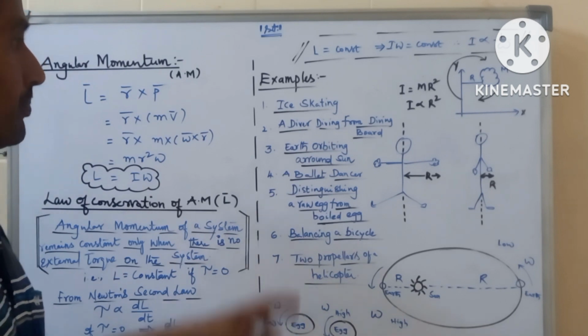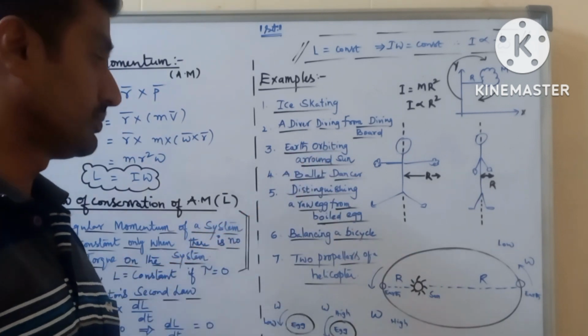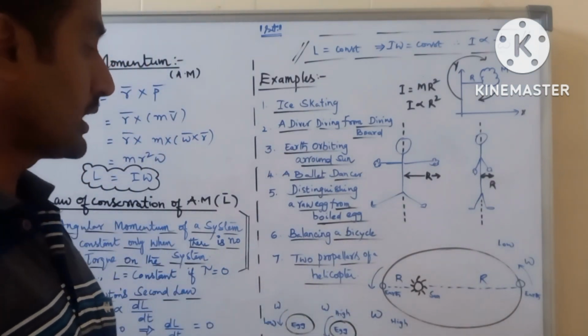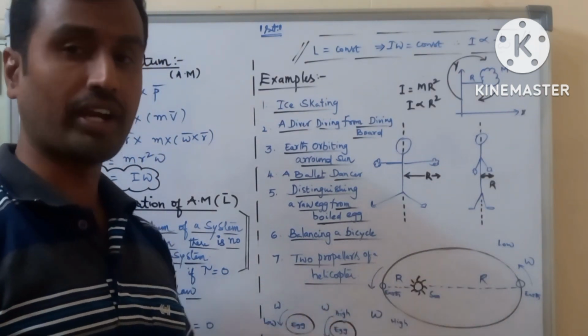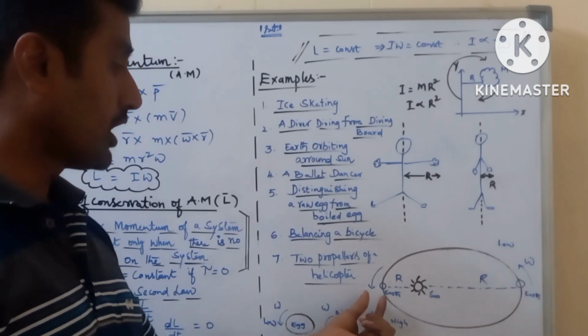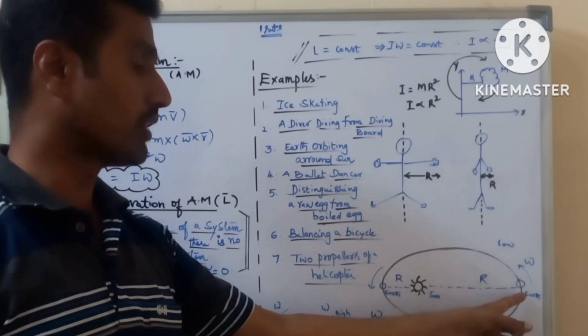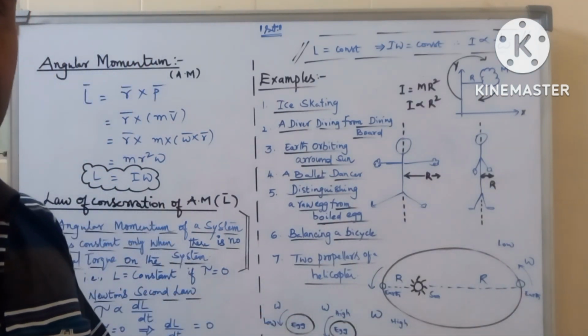In the same way, consider the earth orbiting around the sun. At perihelion and aphelion points, the angular velocity of earth increases here and decreases there.